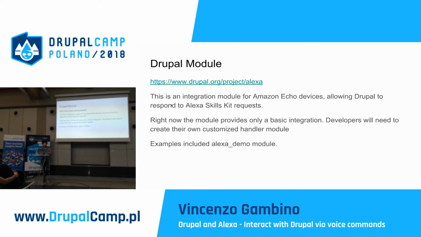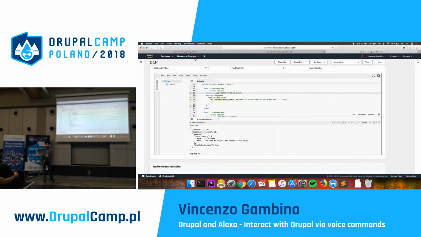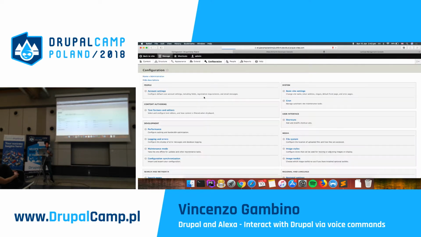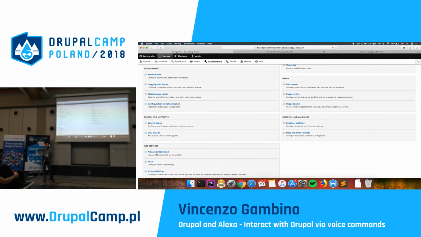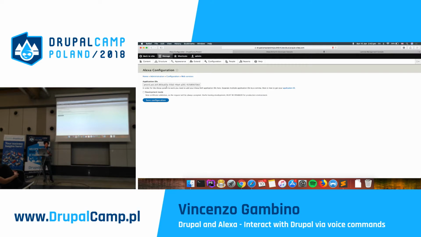There is a Drupal module that can do this instead of the Lambda function. I'm going to just show you, it would be quicker. When you install the module, you have the chance to map one Alexa skill to your application.